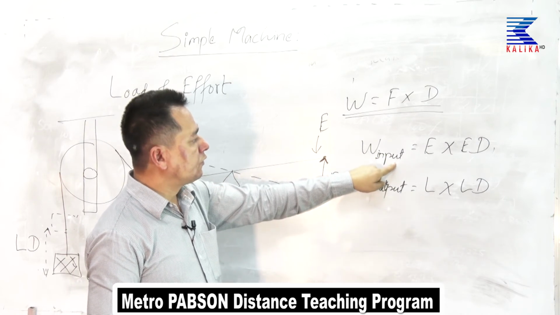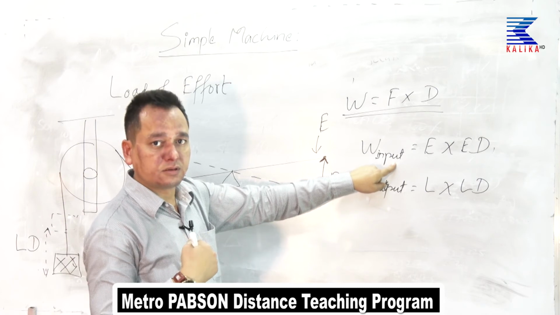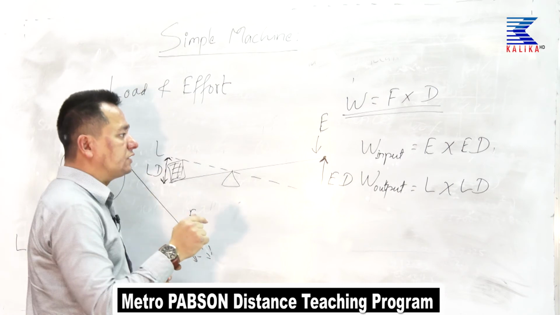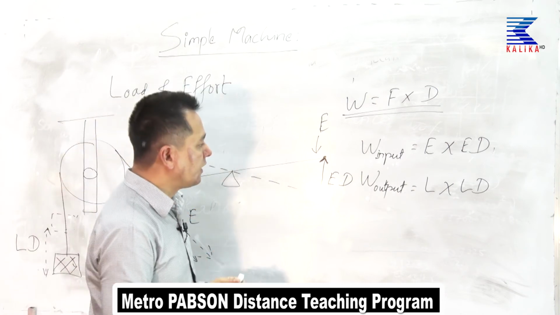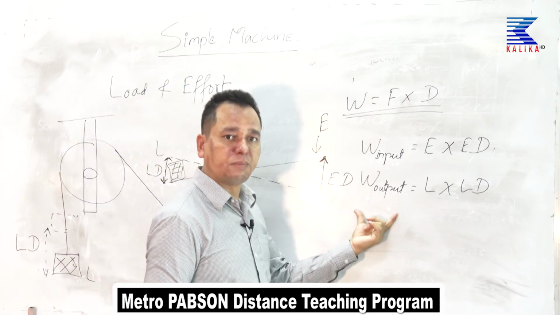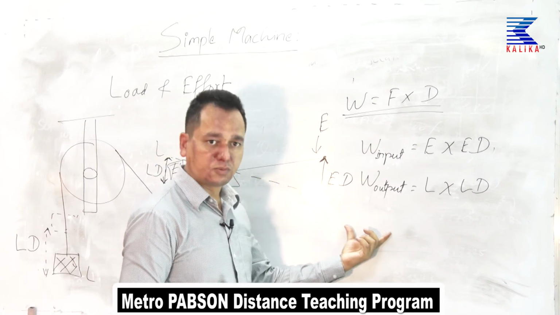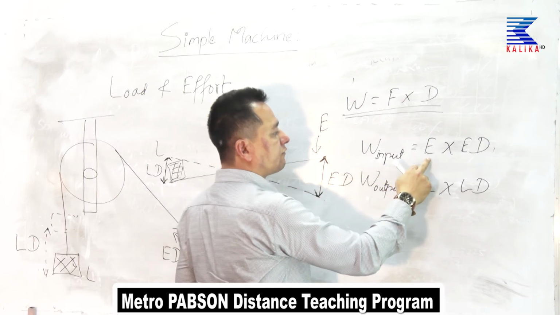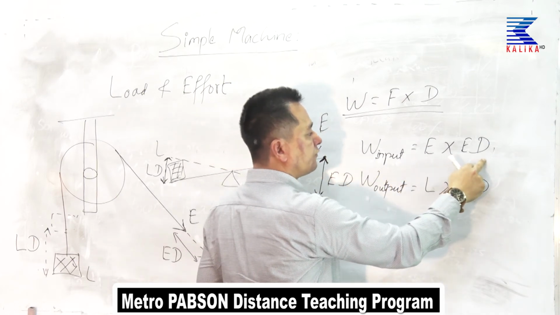So work done by our effort, the effort that we apply to the machine, is input work. And work done by the machine for us is output work. So mathematically, input work is the product of effort and effort distance.